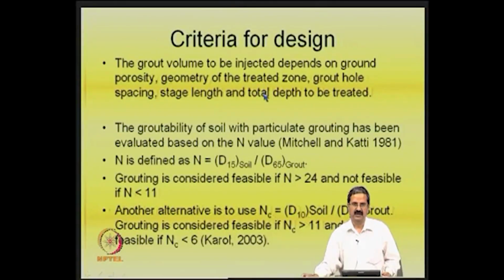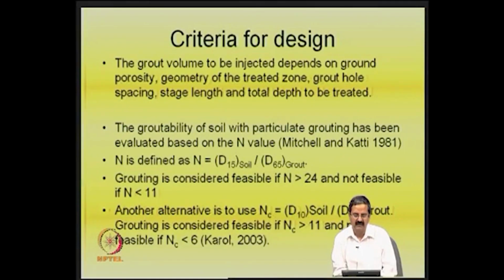So, as I just mentioned, the grout volume is an important parameter, because if there is a lot of area to be stabilized, finally you have to pay the contractor in terms of the grout volume that he has placed for stabilization. And if you do not have any control, then it is very difficult, and you also need a good design basis which depends on ground porosity, the geometry of the treated zone, grout hole spacing, stage length and total depth to be treated.